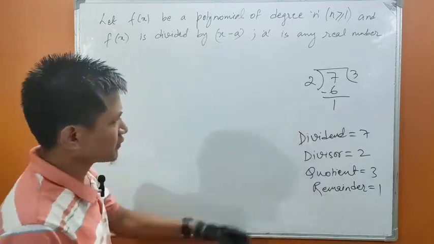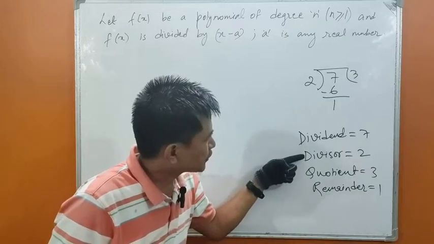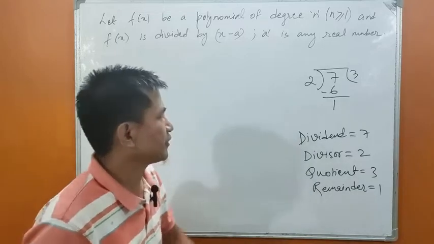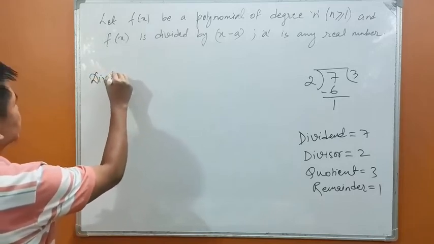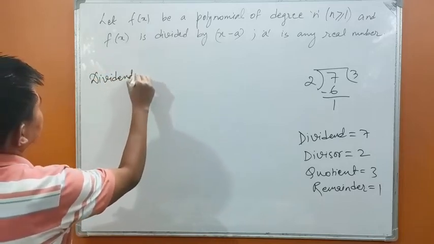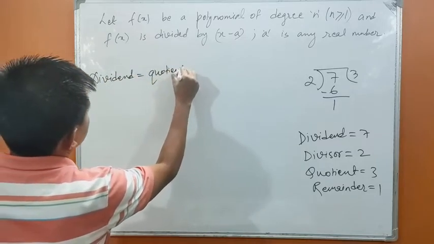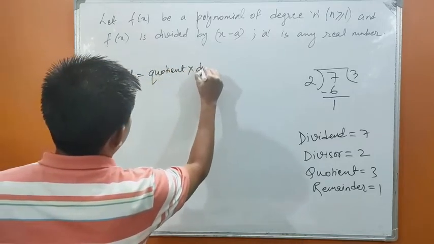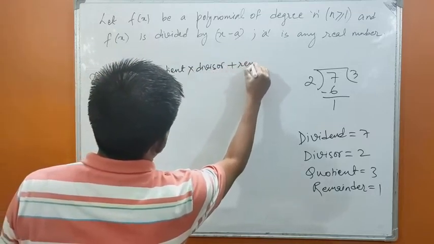There is a relation among these four terms: dividend, divisor, quotient, and remainder. Let's see that relation. Dividend equal to quotient into divisor plus remainder.